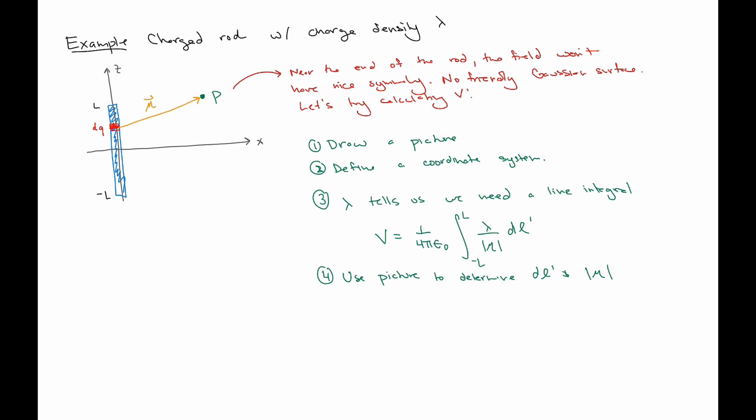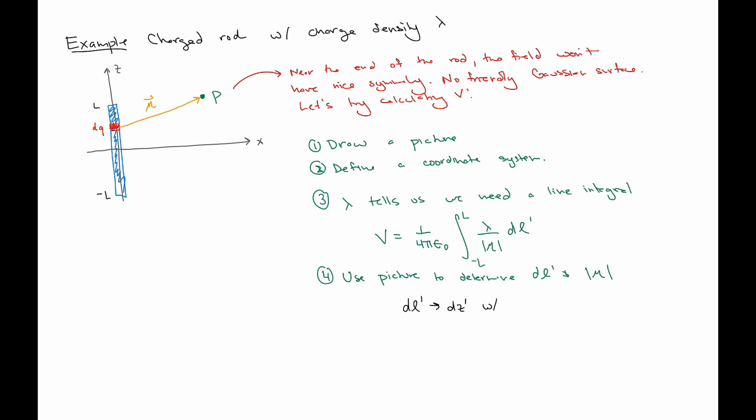Here, hopefully I can see that if I want to integrate over a bunch of little chunks of this particular rod, then I'm going to end up doing an integral over z. So my dl prime can be replaced with a dz prime, because that's the actual direction I'm going to do this line integral.